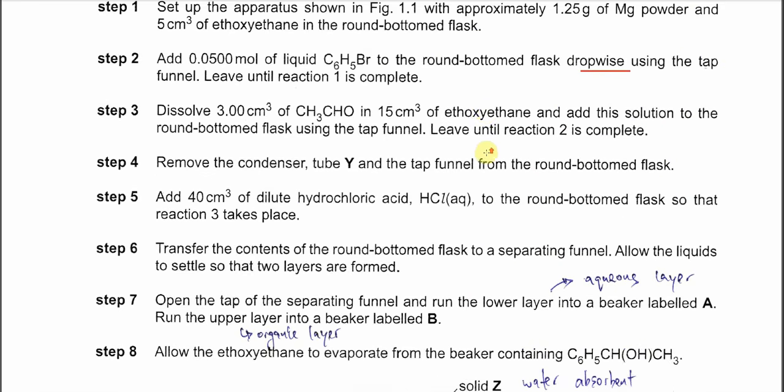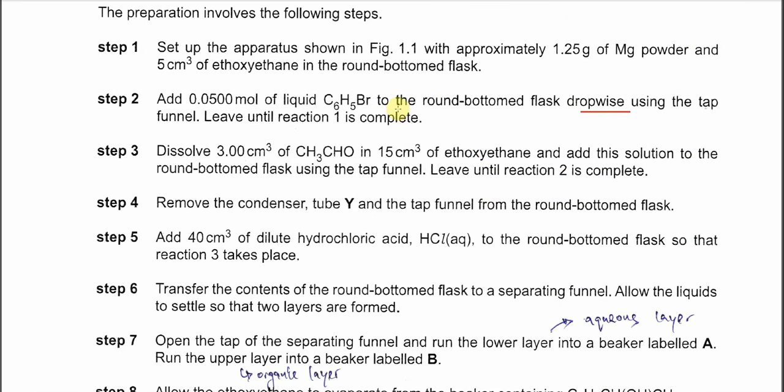Next, once reaction 1 is complete and the Grignard reagent is produced, for step 3, dissolve 3 cm³ of ethanal in the same organic solvent, epoxyethane, and add the solution to the round bottom flask, also using the tap funnel. Leave until reaction 2 is complete.